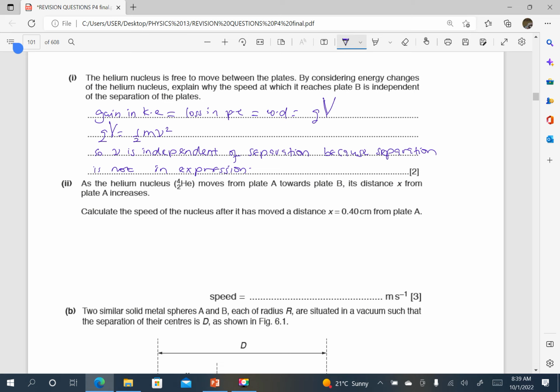As the helium nucleus moves from plate A towards plate B, its distance x from plate A increases.